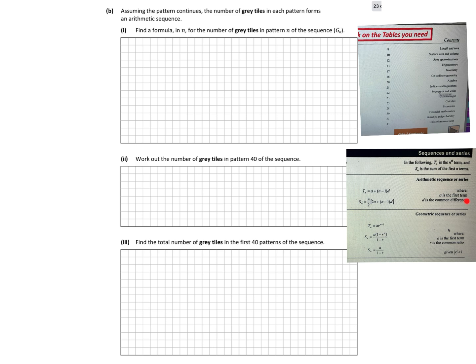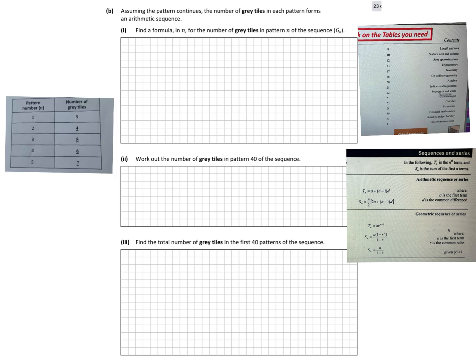So when you looked at your table that you just filled out, okay, I have it here, you will spot that each one of these is increasing by 1 each time, which means they have a common difference. So what we're going to do here is look at the arithmetic sequences or series because they represent ones that have the same difference each time.